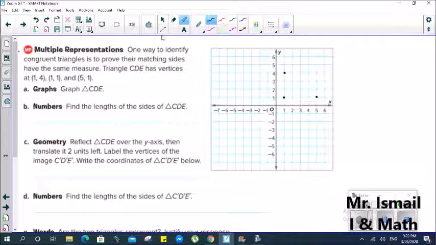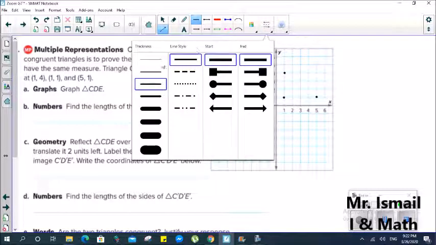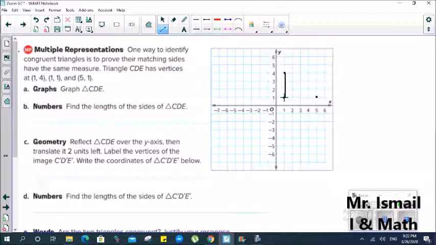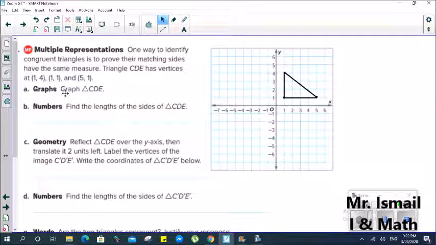Bring a ruler and connect the 3 points. Graph CDE, it's here. Find the length of sides CDE.